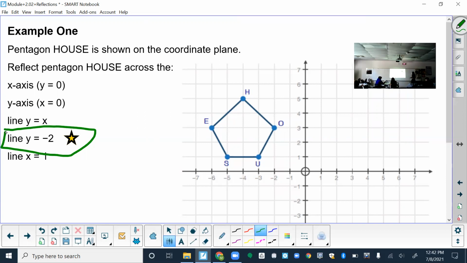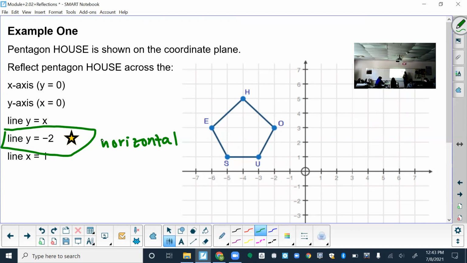Basically, I need to draw a line where all of the y values equal negative 2. So would that be a horizontal line or a vertical line? It should be horizontal. It's like the opposite of what you might think.